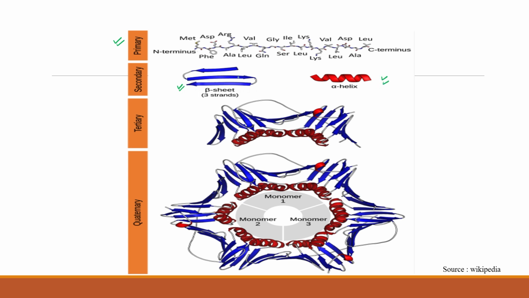In tertiary structure, refolding of both forms of secondary structure makes a three-dimensional structure we can see, but with only one type of polypeptide. After the folding of tertiary structure, the quaternary one is formed, and in this quaternary form more than one monomer unit is there. So this is the structure of the quaternary one.